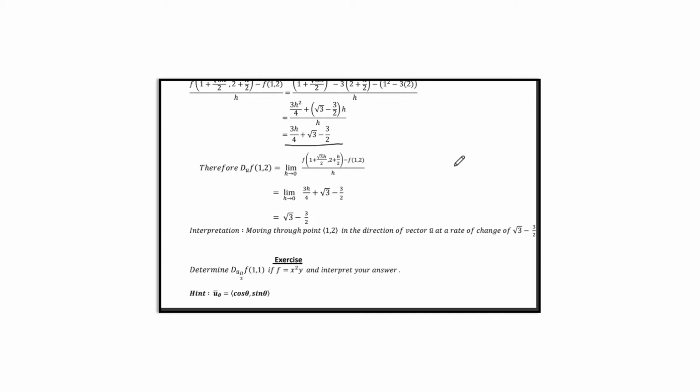That is the directional derivative of f in the direction of u at point (1, 2). To interpret this answer, what this means is that we are moving through the point (1, 2) in the direction of vector u at the rate of square root of 3 minus 3 over 2.